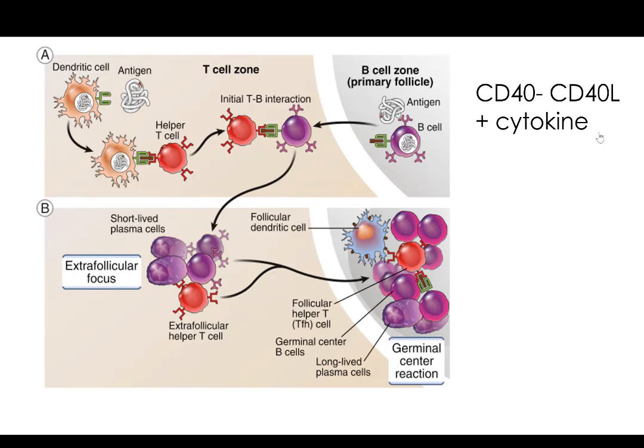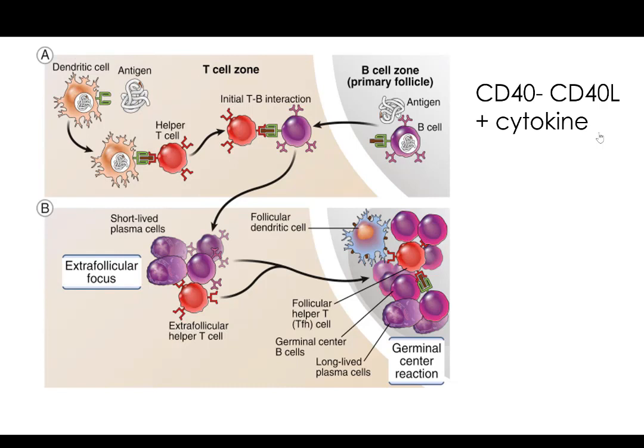Okay, so what else do we know? This is the overview of what happens. A dendritic cell migrates into the paracortex and activates a T helper cell, a Th0, with signal 1, MHC class 2 with peptide and CD4, and signal 2, B7 and CD28. We have a B cell that was cross-linked when that antigen came in, becomes clonally expanded, partially activated, migrates to the edge of the B cell follicle and calls for help.